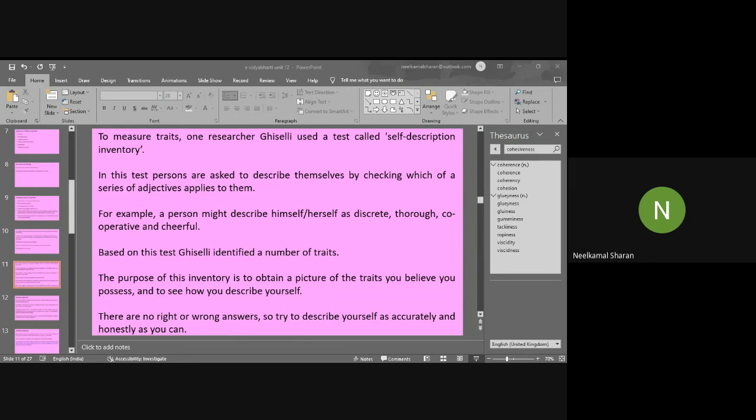According to this theory, there are two dimensions of leadership: one is initiating structure, and another is consideration. What is initiating structure? It means the leader should have the ability to initiate in the group.